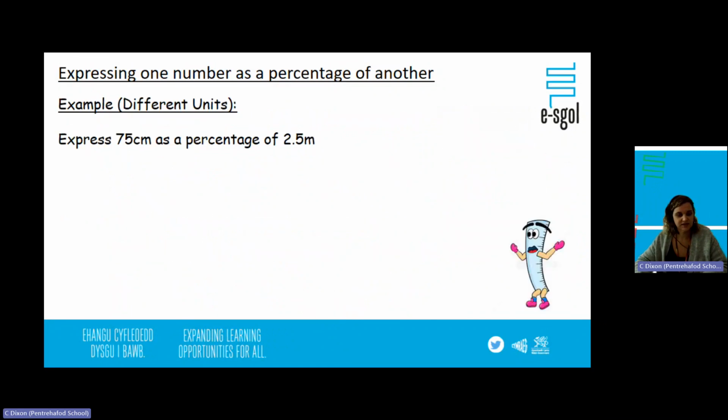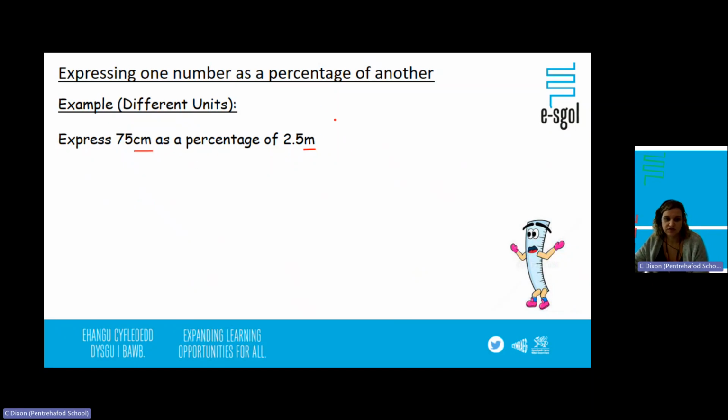Okay, the next part is the same topic, but it's now with different units. So we've got express 75 centimetres as a percentage of 2.5 metres. Okay, so these need to be always in the same units. Now, the easiest thing to do is to get them into the smallest measurement. So this one is going to be the centimetres.